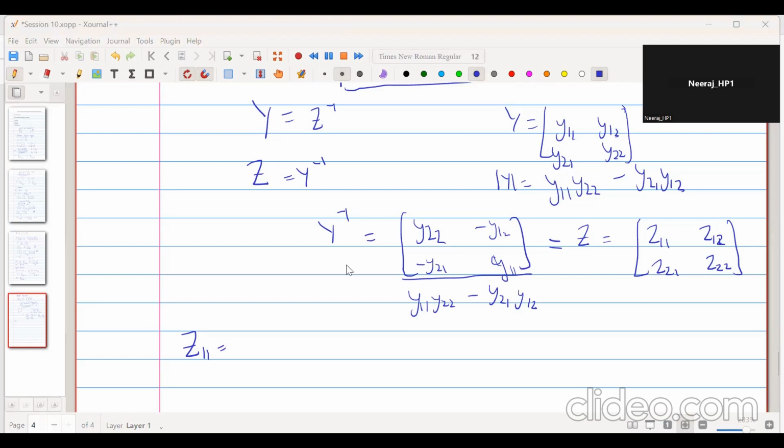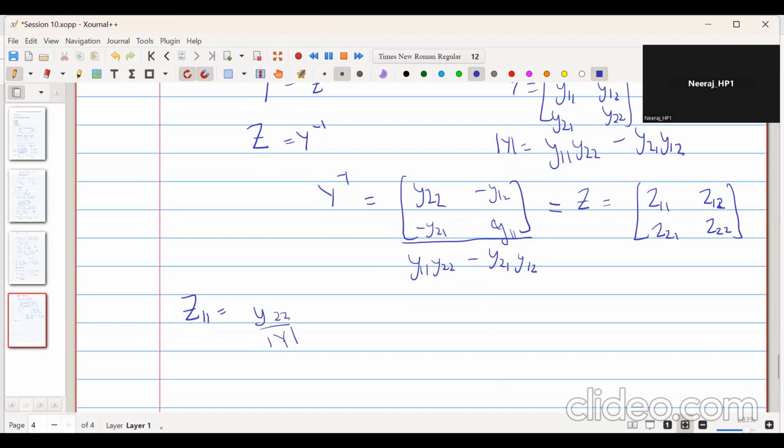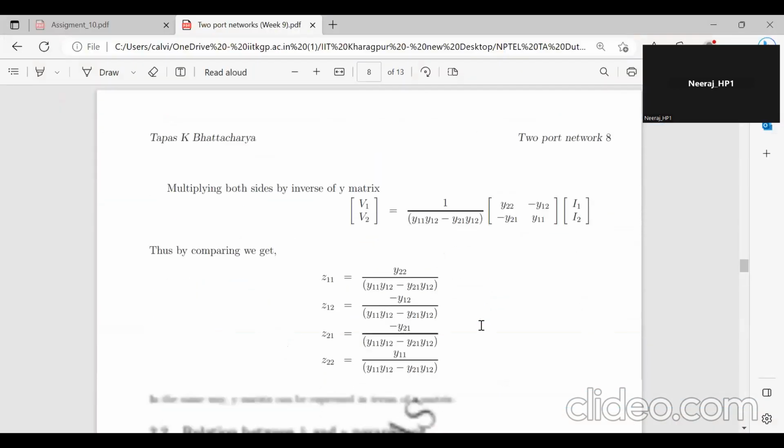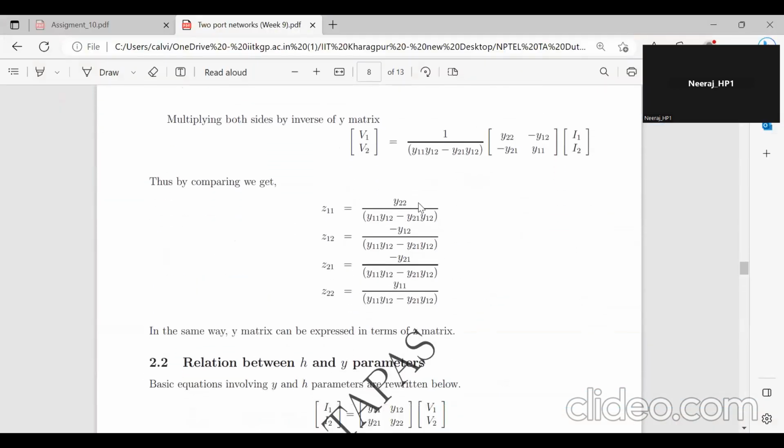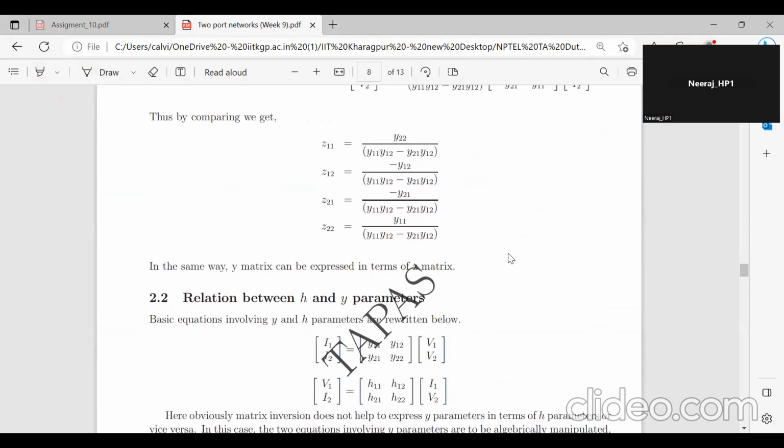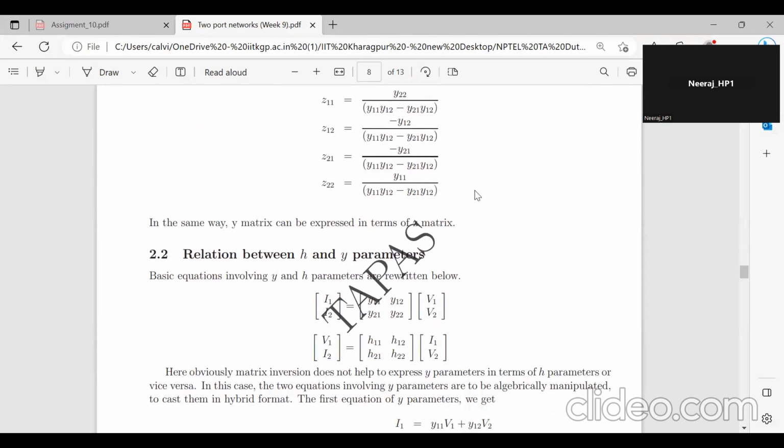Yeah, correct. So similarly, we can get the other Z parameters in terms of the elements. That's what they have shown over here also. So that is the relation between the Z and Y matrices.